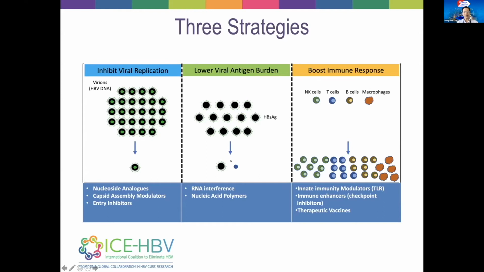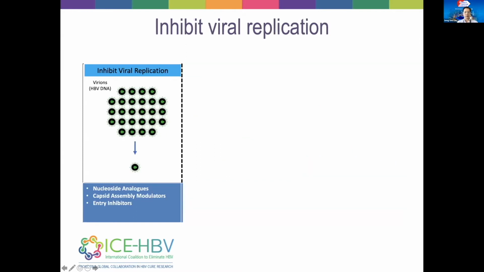So the second strategy is to lower the viral antigen burden, and that deals with the pathway to reduce antigen secretion. And the last one is to boost immune responses to try and clear the virus. You can see in the bottom panel there are drugs in each category that I will discuss as potential treatment strategies moving forward.